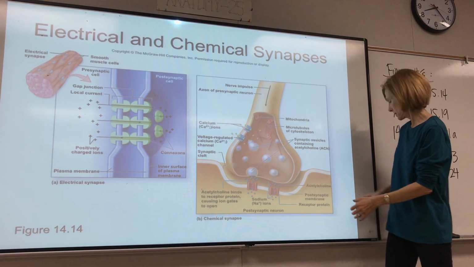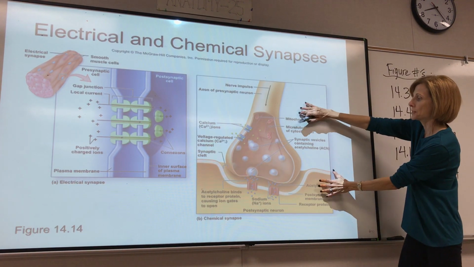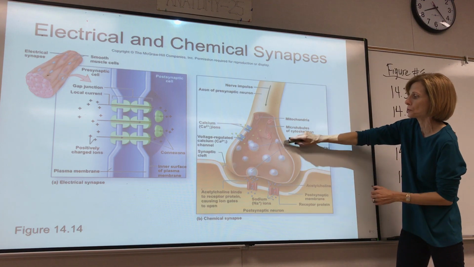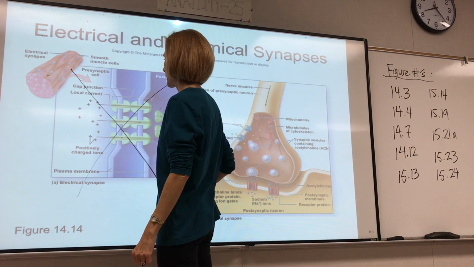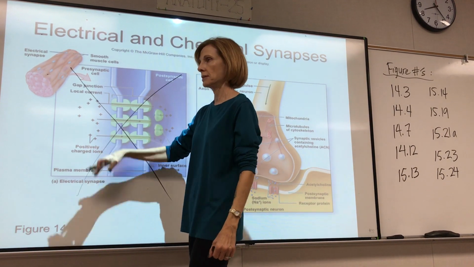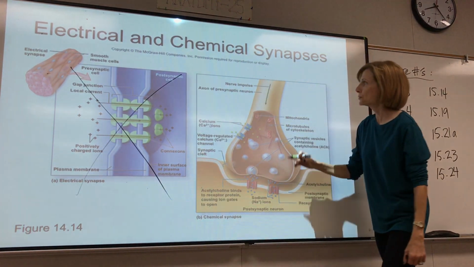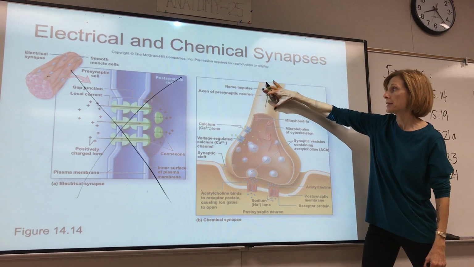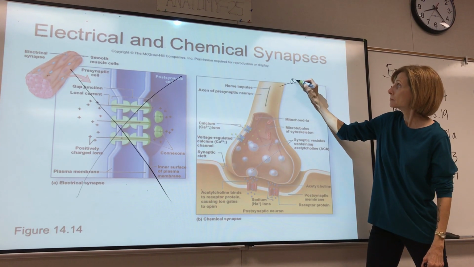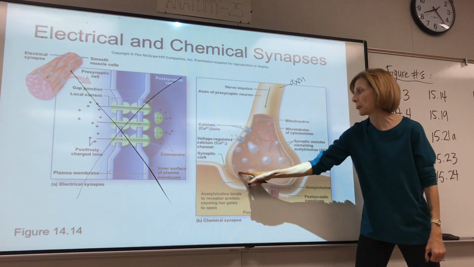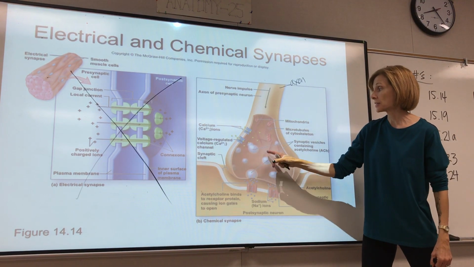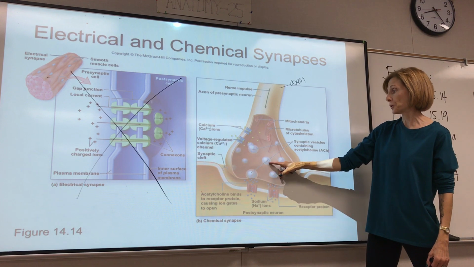So looking at a synapse up close, this is a synapse between two neurons. Just ignore this. They're just comparing it to a gap junction, but we are done with gap junctions. Okay, so notice this is the end of the axon. Here's our synaptic knob or synaptic bulb. These are the little synaptic vesicles with the neurotransmitter.